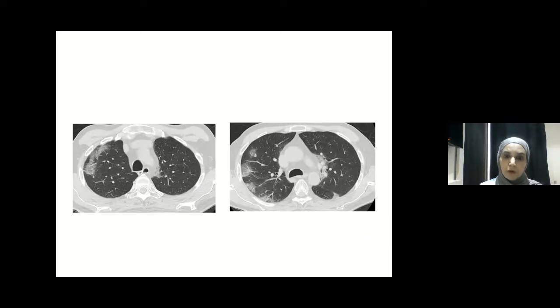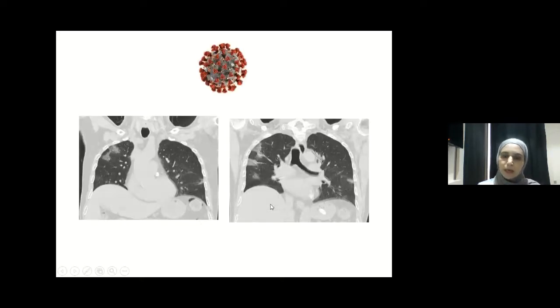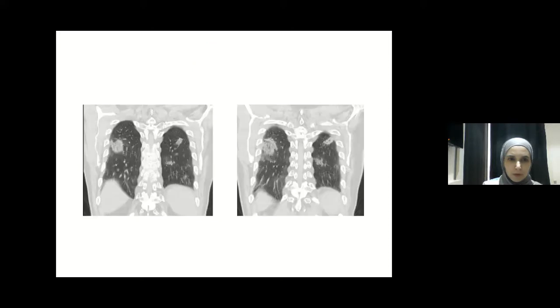CT was performed and it shows typical bilateral peripheral subpleural ground glass opacity and areas of crazy paving and septal thickening involving both lungs and multiple lobes. And this is a coronal image which shows the disease involving the upper lobes.